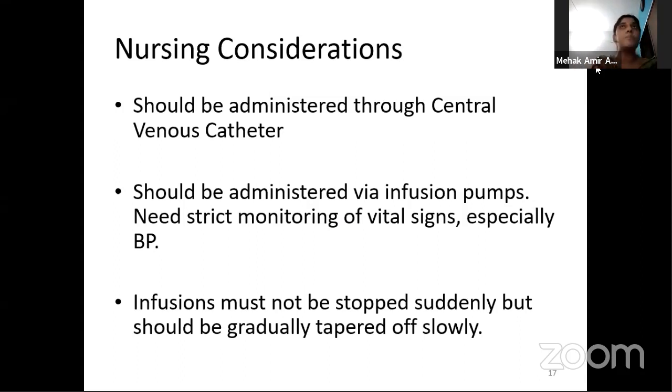So here comes a very important part about the nursing considerations. We should also know the major nursing steps when we are administering vasopressor drugs to the patient. It should be administered through central venous catheters, the CVC, or the PICC line in some cases, to reduce the risk of peripheral gangrene.